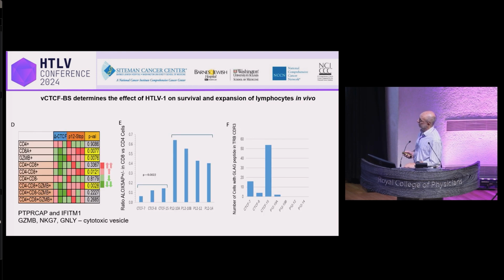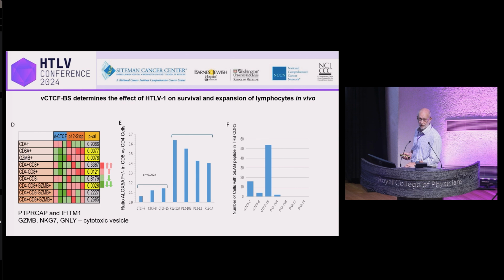When we compared splenocytes from 3 CTCF mutant-infected mice to those from P12 stop-infected mice, you can see there were higher levels of CD8 cells in particular, and CD8 cells that express granzyme B, higher levels of T cell activation markers, PTRCAP and IFITM1, as well as markers of cytotoxic vesicle release, including granzyme B, NKG7, and GNLY.